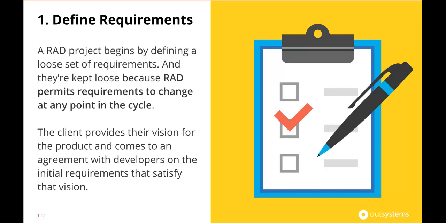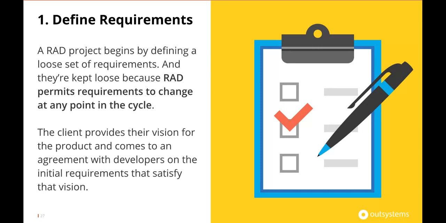The first step is defining the requirements, much like waterfall. However, they're a lot looser and they don't pin so many expectations to the requirements and so many guarantees. It's kind of like a rough list.